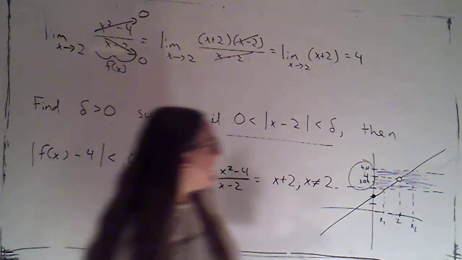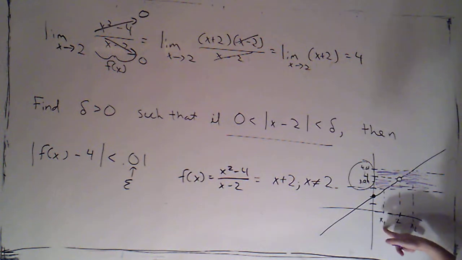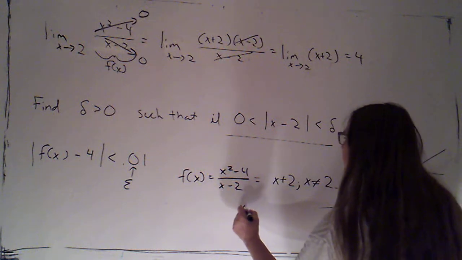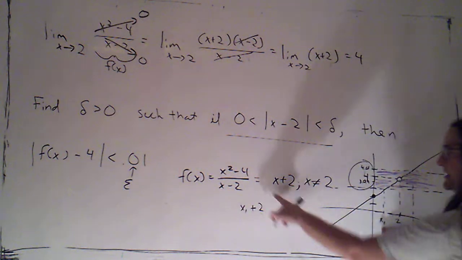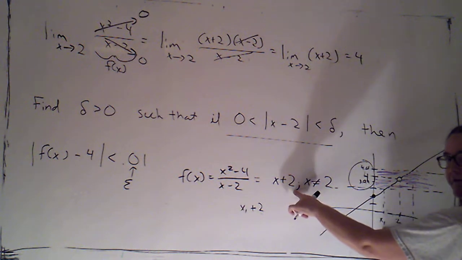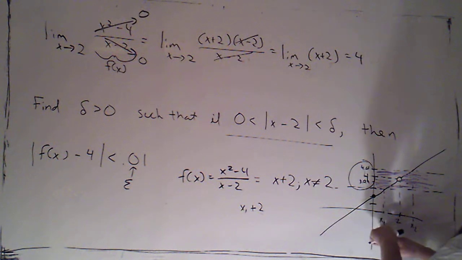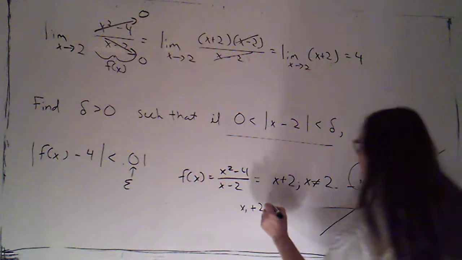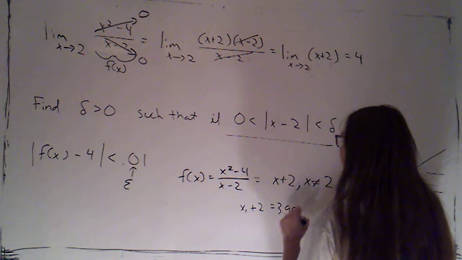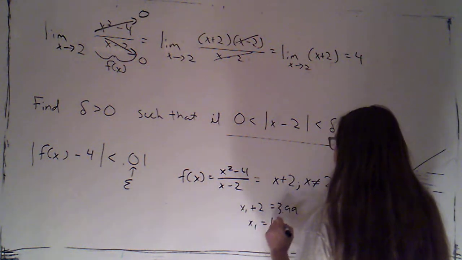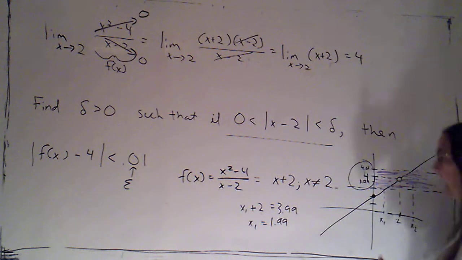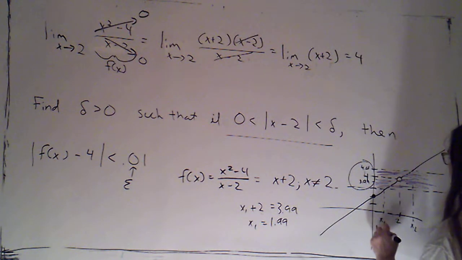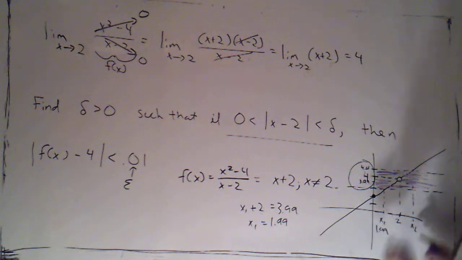All right. Now, if I wanted to find x1, I would just say I know that x1 plus 2, because that's what I would get if I plugged it into the function. x1 is clearly not 2, so I can use that formula. That's going to be where my function value is equal to 3.99. So x1 would simply be 1.99. Okay.